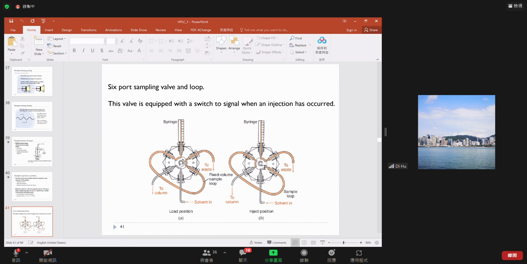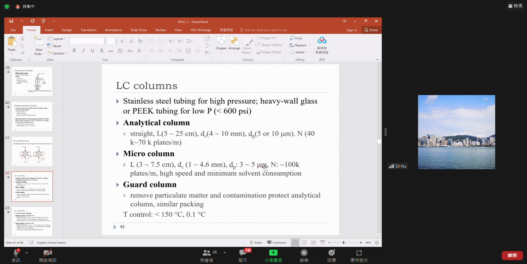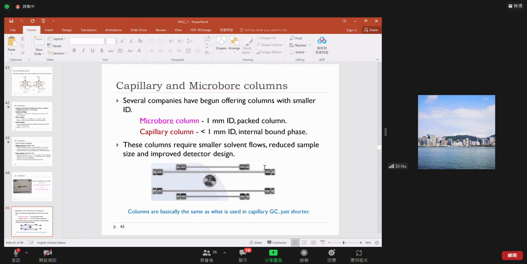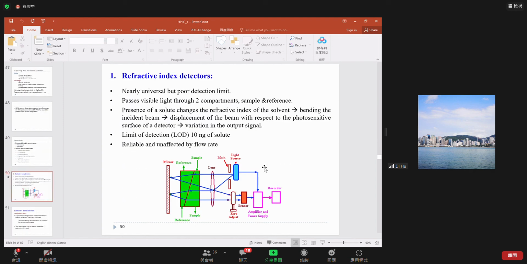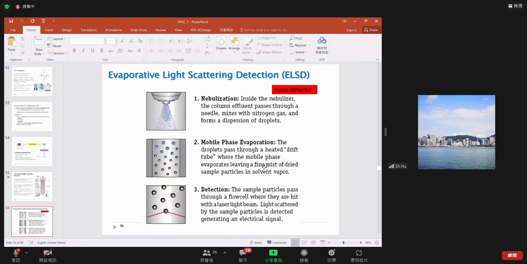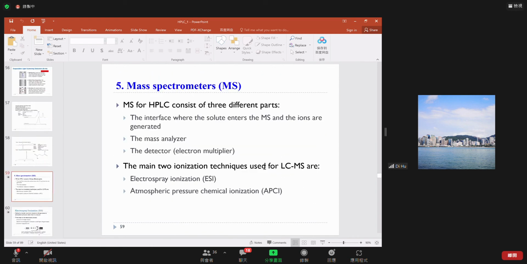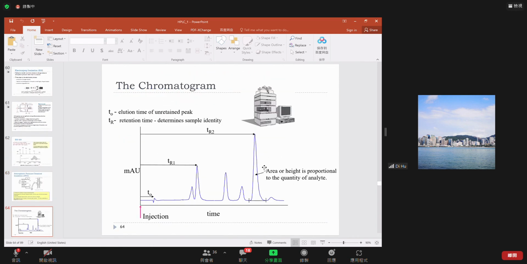So we don't separately talk about the detector; it goes together with the real application. We also talked about the 6-port injection. That's something you should know. And the detector goes together.